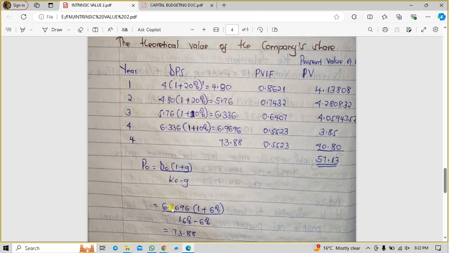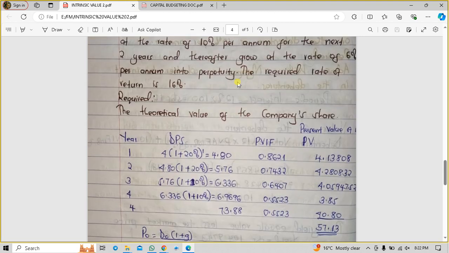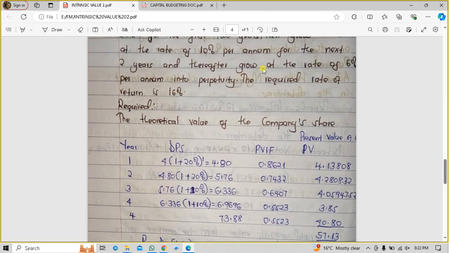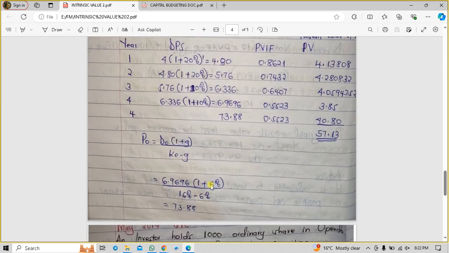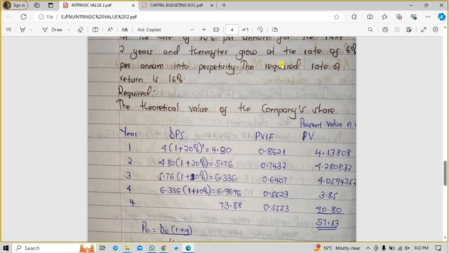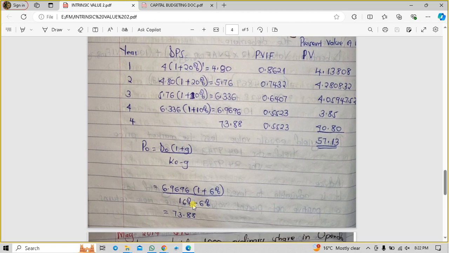So 6.9696, 1 plus G, where G is the growth rate for indefinite, which is 6% per annum into perpetuity. So 1 plus 6%, divided by the required rate of return of 16% minus 6%. That means the value will be 73.88.